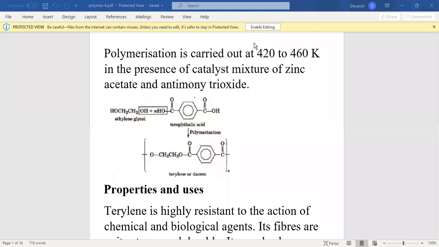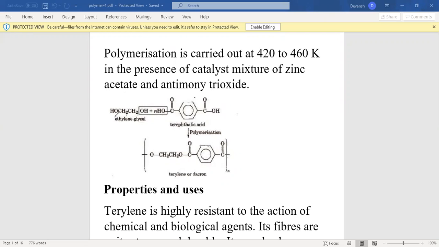Antimony trioxide is Sb2O3. Now in this, these zinc acetate and antimony trioxide act as a catalyst, and this is how this polymer is formed. Now we will study how this polymer is formed.